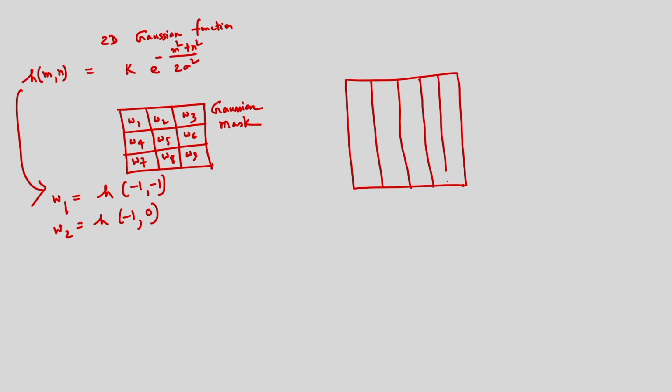The mask may be something like this: minus 1 at the top, the remaining values are 0; then 0, minus 1, minus 2, minus 1, 0; then minus 1, minus 2, 16, the central coefficient is 16, minus 2, minus 1; then 0, minus 1, minus 2, minus 1, 0; and 0, 0, minus 1, 0, 0.